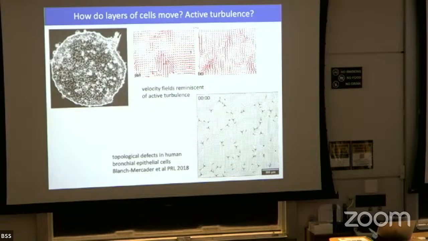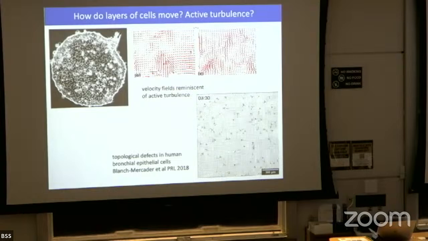Well, first of all, if you look at the velocity fields, you get these localized patches of high velocity, and you get vorticity. One of these is from a simulation showing a velocity field, and one of them is from an experiment on cells like that. And you can see that they look pretty much the same. And if you do the statistics, it comes out pretty much the same.